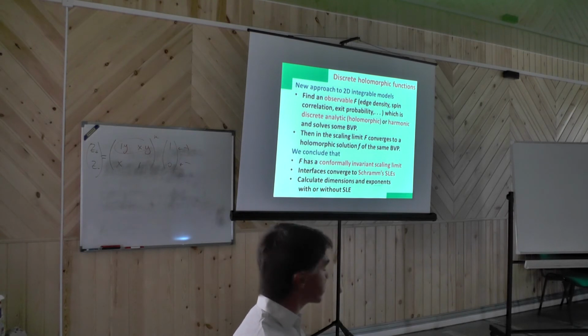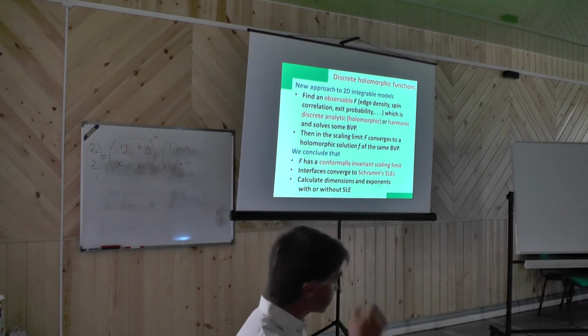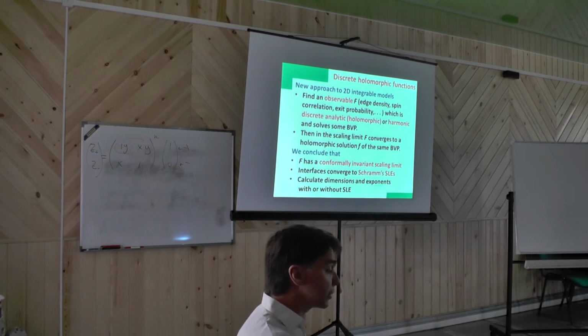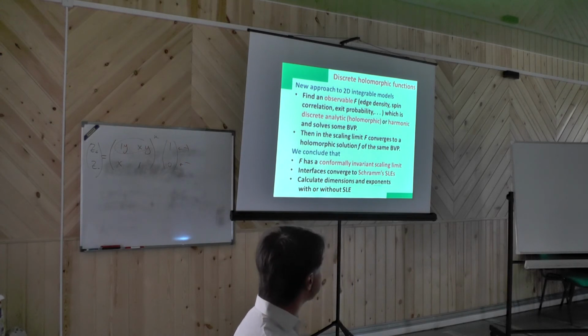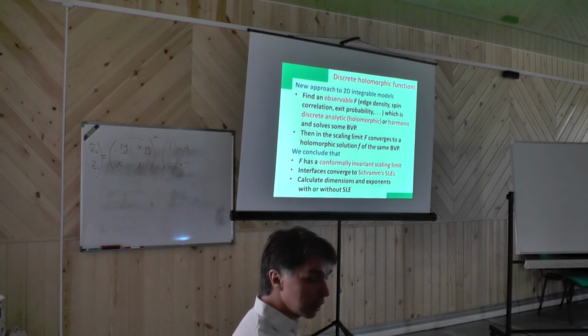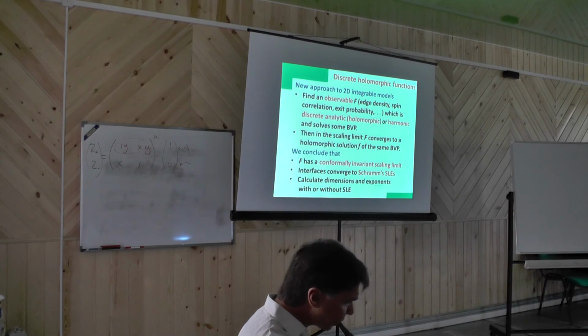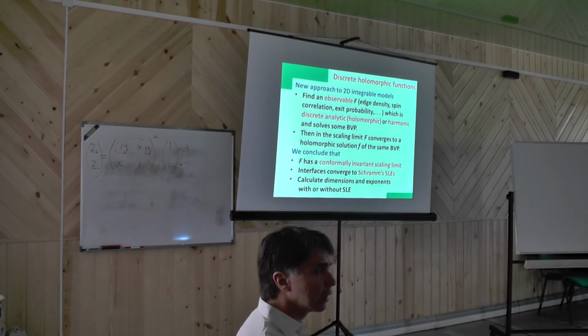Suppose we have such a function which solves some boundary value problem. Then in the scaling limit, this function will solve the same boundary value problem as a usual holomorphic analytic function. And one can conclude that our function has a conformally invariant scaling limit, because harmonic analytic functions are conformally invariant.